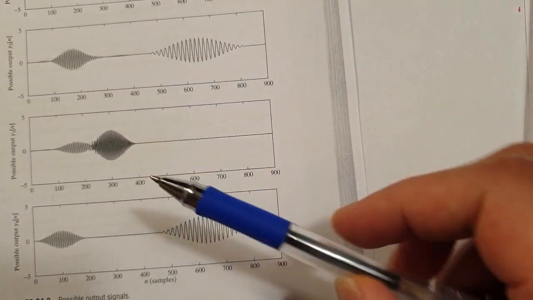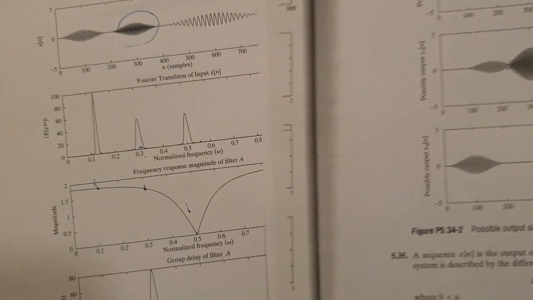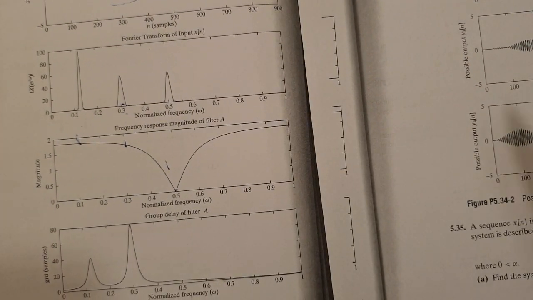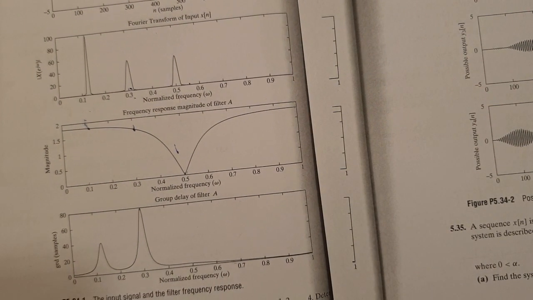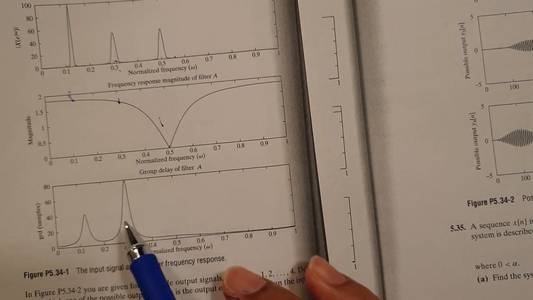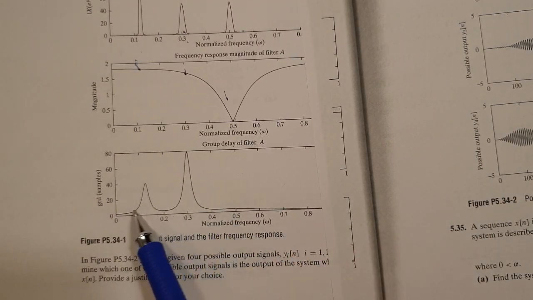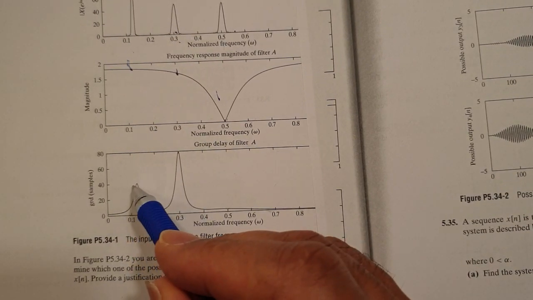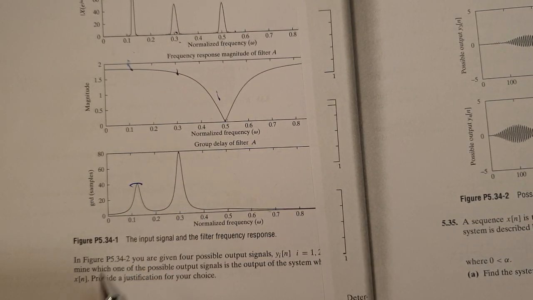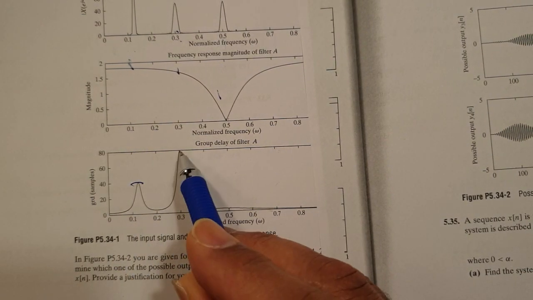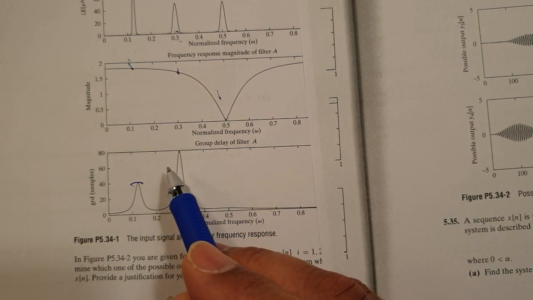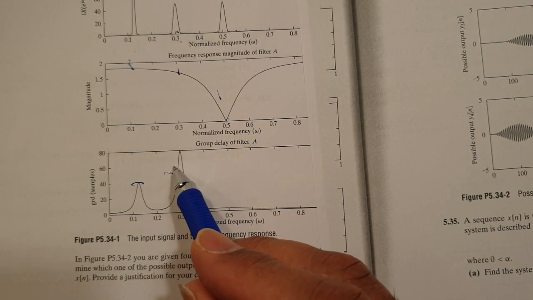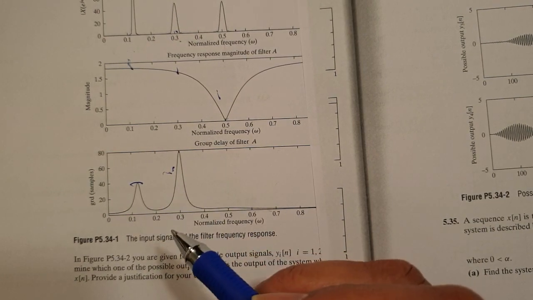But then you will figure out by checking who is getting the greatest delay, which you can see from the group delay. This is the delay that the lower frequency will receive, and this is the delay that the medium frequency will receive. I think now you're in a position to give the right answer to this.